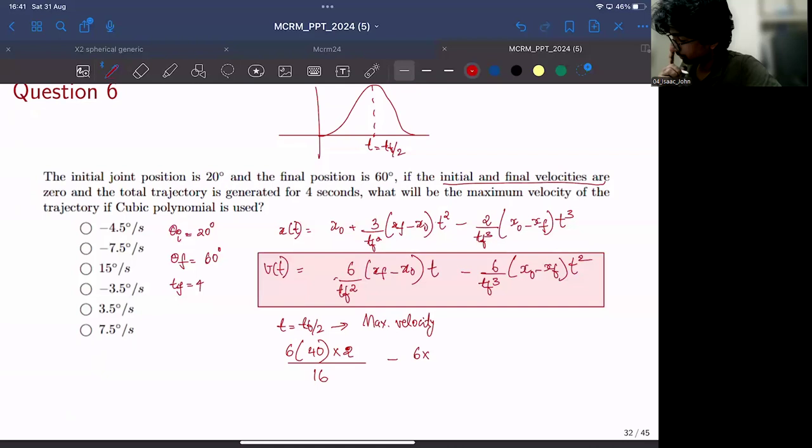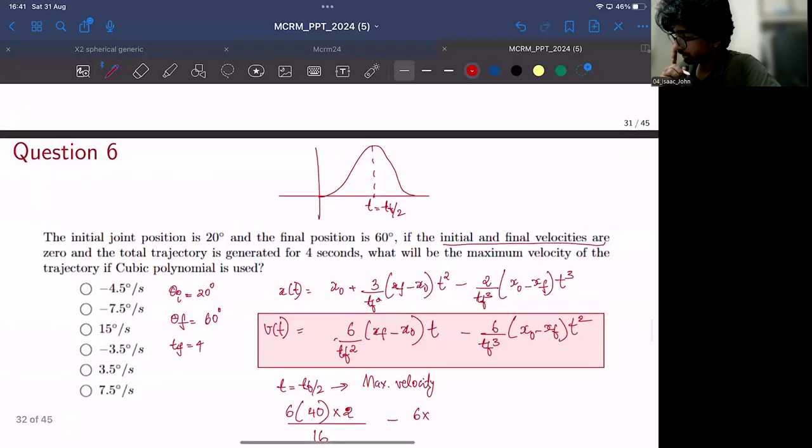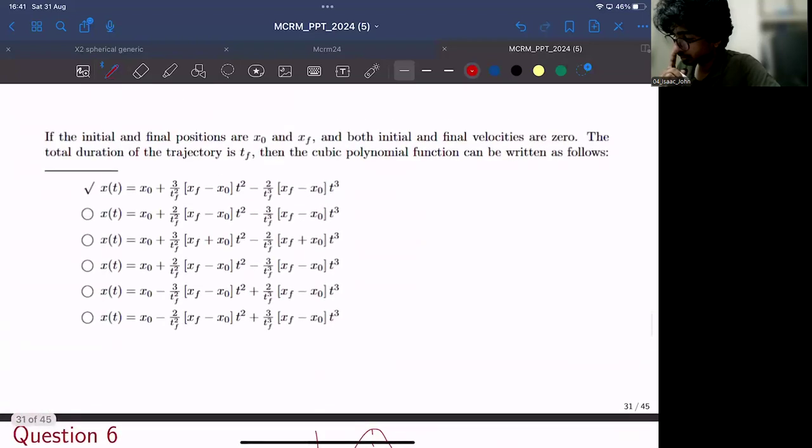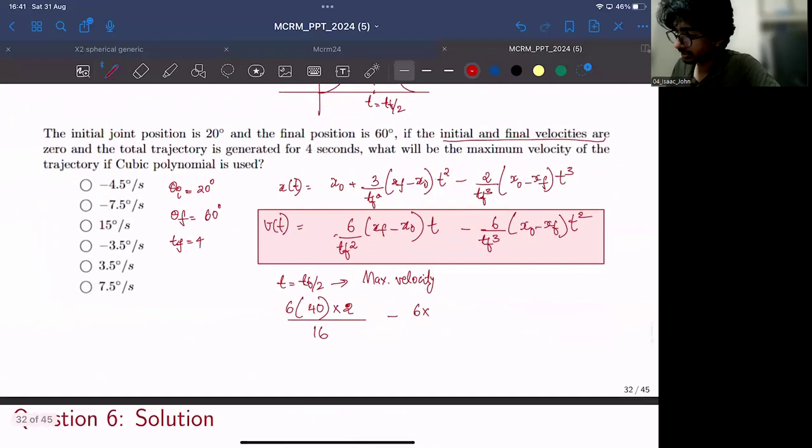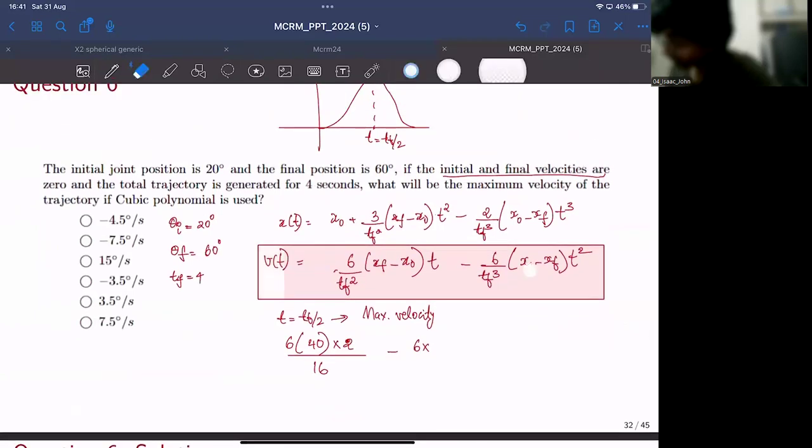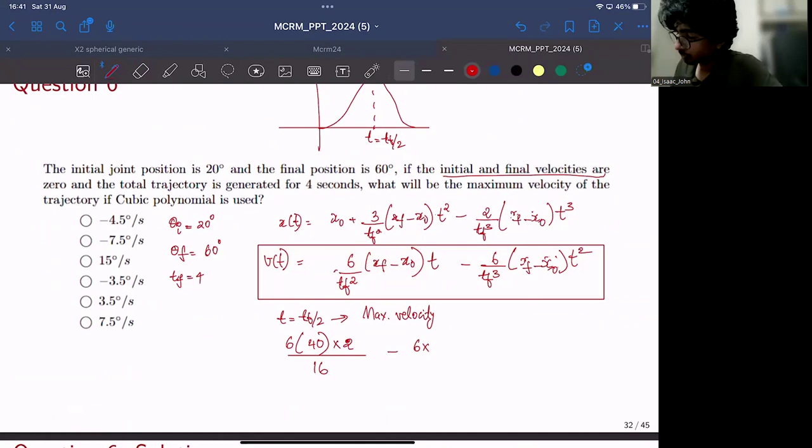Am I using the correct equation? Sorry, it's xf minus x0 here. xf minus x0. So again, minus 6 multiplied by 40 by 64, 4 cube, multiplied by 2 square, that is 4.